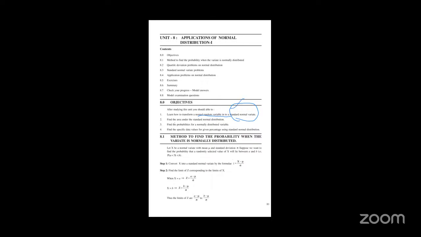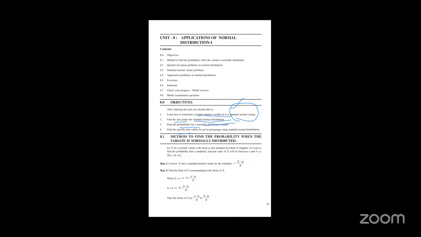Second, we will find the area under the standard normal distribution, the area of a particular region. Next, we will find the probabilities for normally distributed variables.